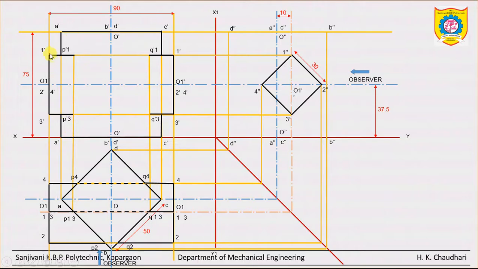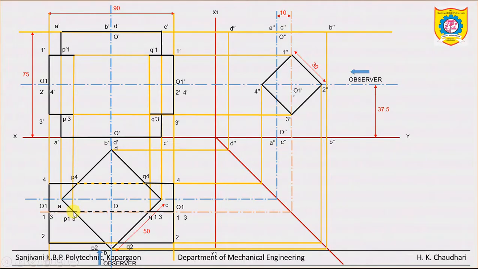See, from this edge, this vertex 1 dash to P dash 1. So how can we draw this? How is it thick? See in the top view, this line up to the point P1 is thick. So when we observe from the observer side, up to the point P1 the edge is thick.